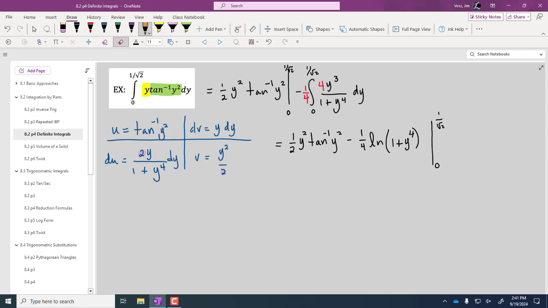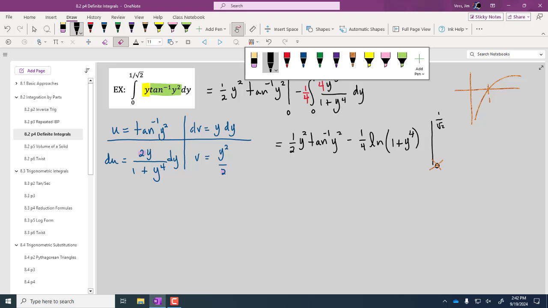Over here, plug in 0, natural log of 1 is 0, right? Natural log of 1. Do not forget your natural log function. Natural log of 1 is 0. Okay, so we only have to worry about that upper limit of integration.